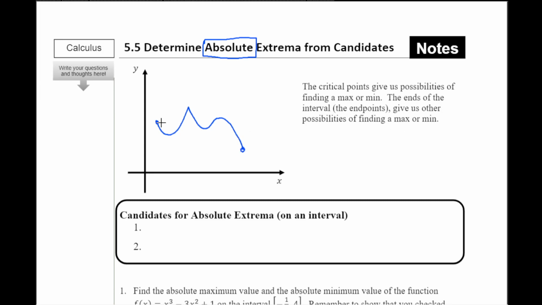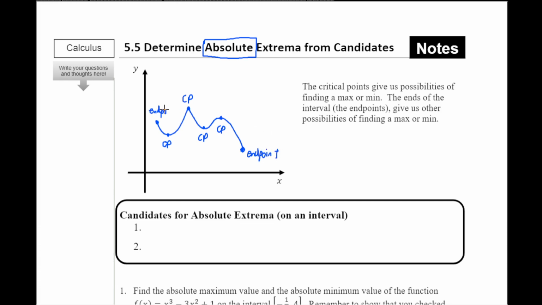As you see here, if you look at the critical points, there's a critical point right here, right here, right here, and right here. In this case, this critical point is the absolute max. However, the absolute lowest is right here at an endpoint, which isn't a critical point.